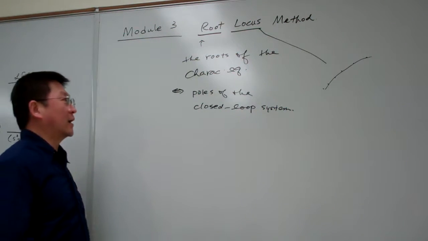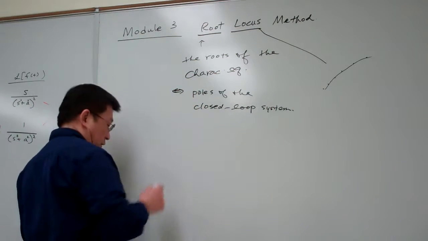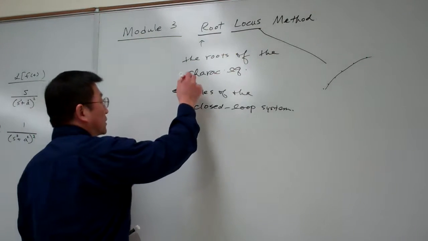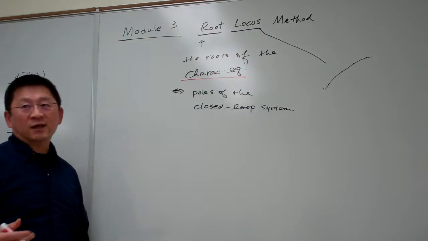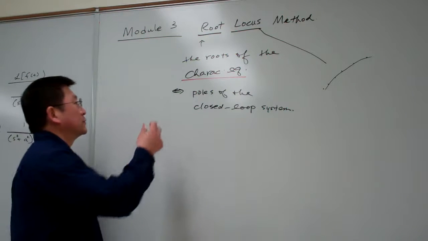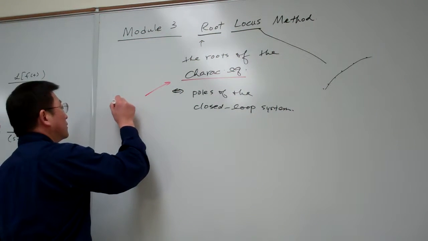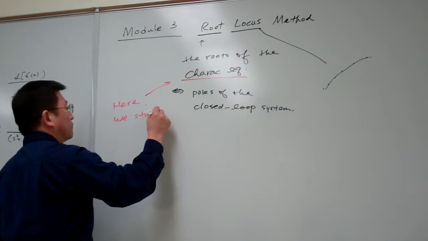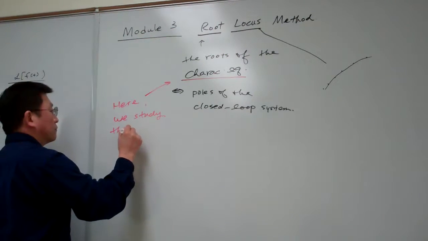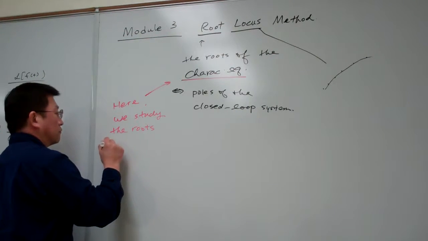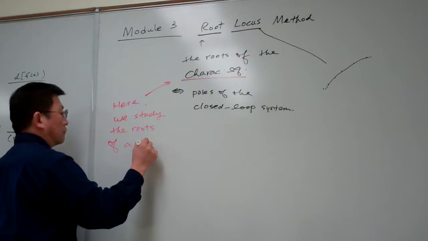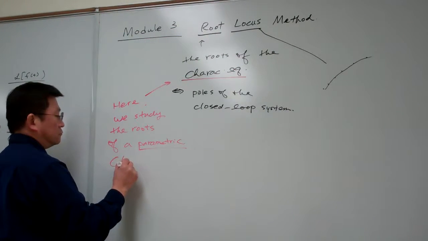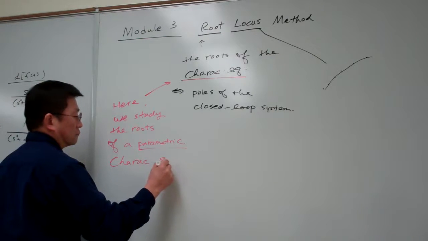Basically that implies that in these chapters, the characteristic equation contains one parameter.